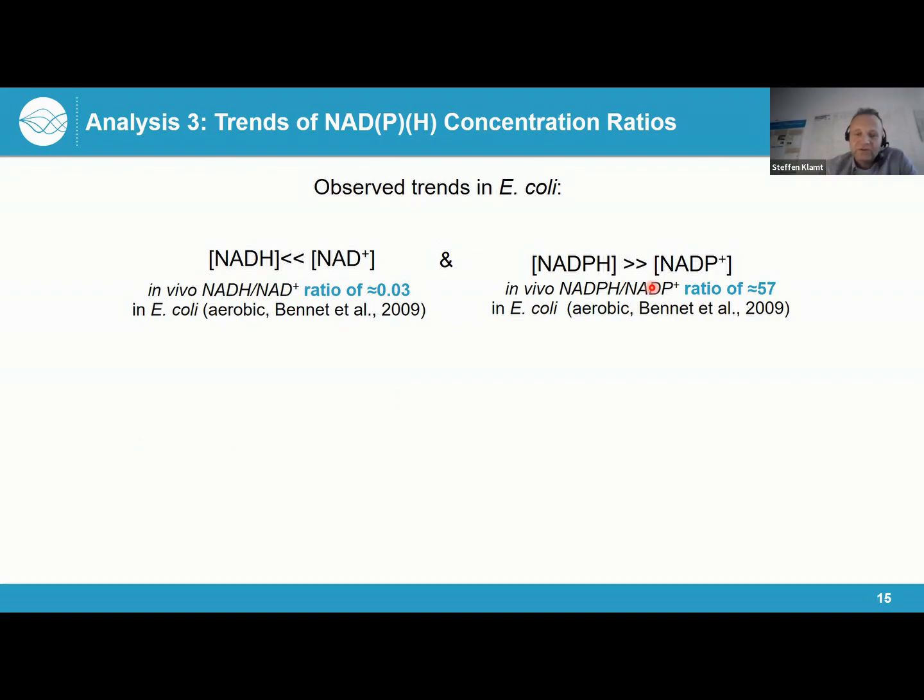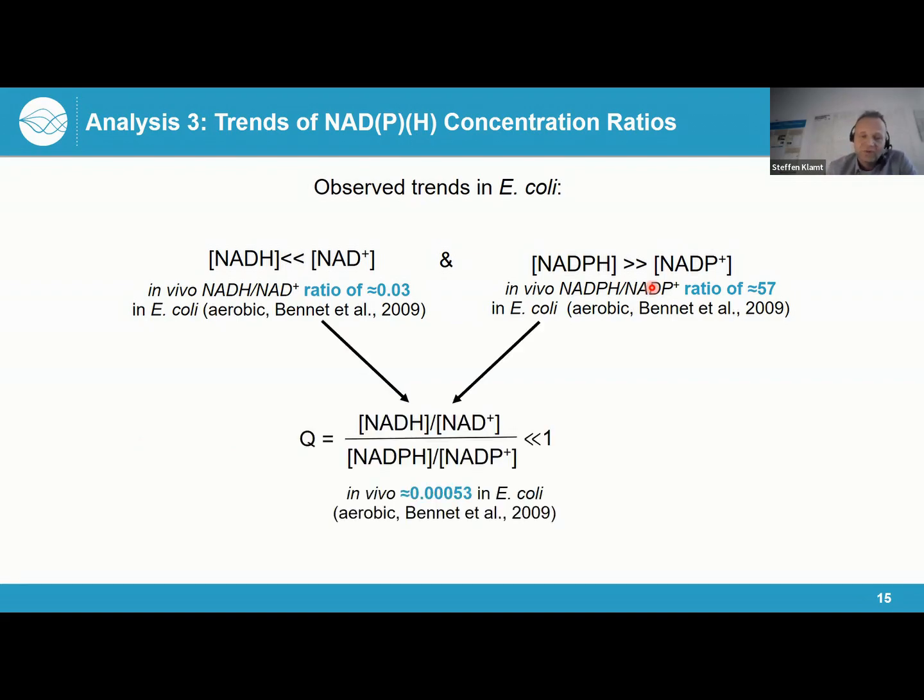And if you now take together these two ratios, we can form another ratio indicating, and this ratio should be far below 1, right? Because we take this ratio and relate it to this one, and this should be close to 0.